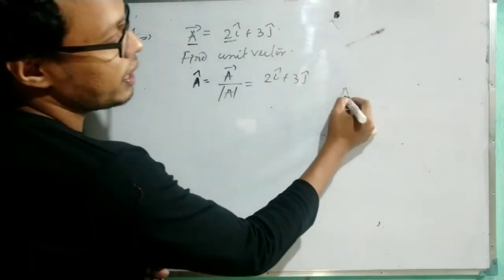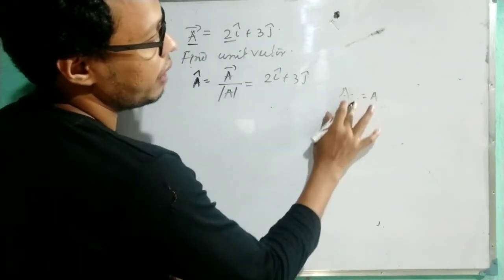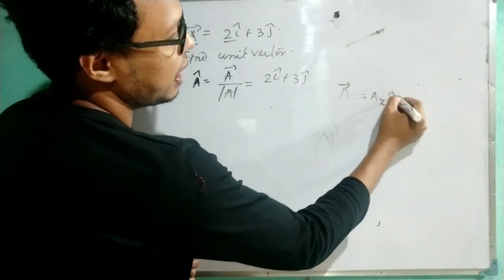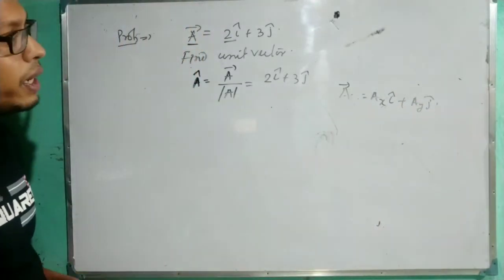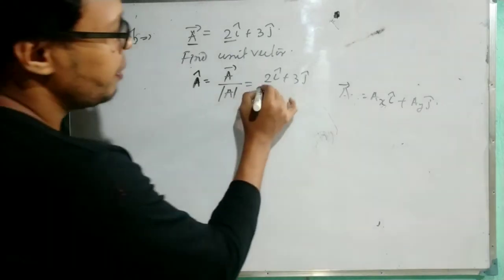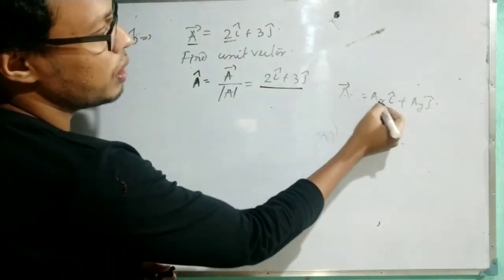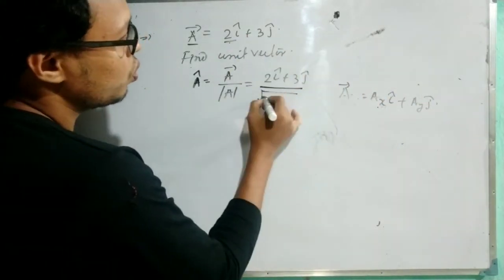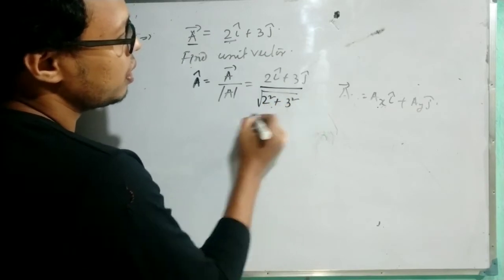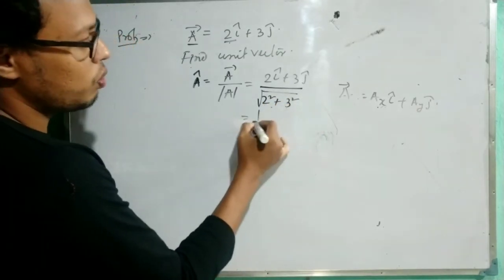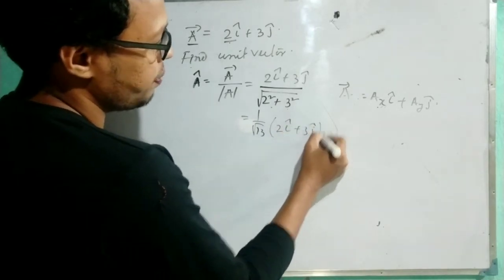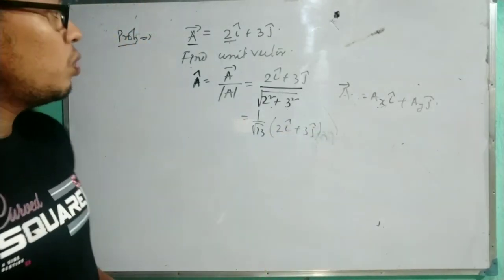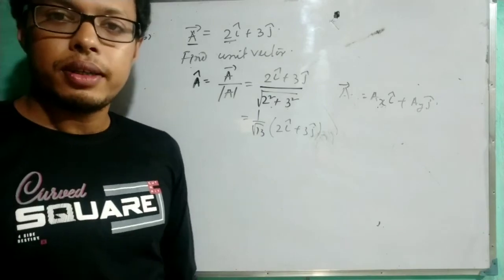We have read that the a vector equals ax i cap plus ay j cap, and mod a means root over ax square plus ay square. So ax means 2, so root over 2 square plus 3 square, which will come root 13. So 1 by root 13 into 2i plus 3j. This is how you can calculate the unit vector.